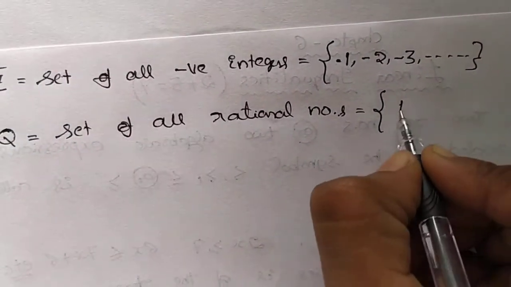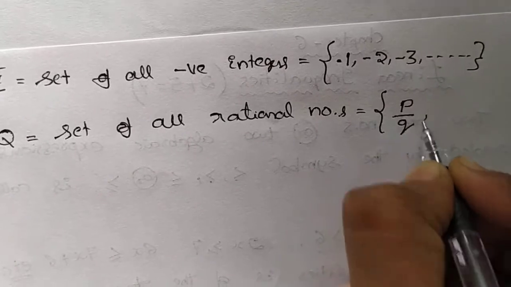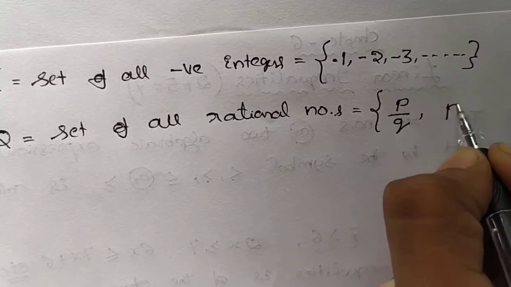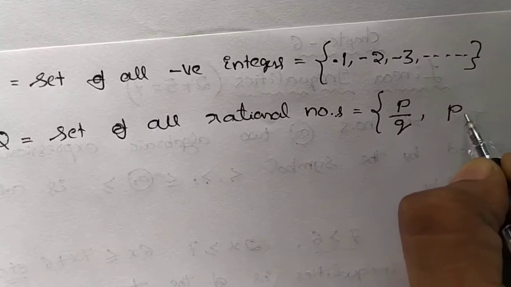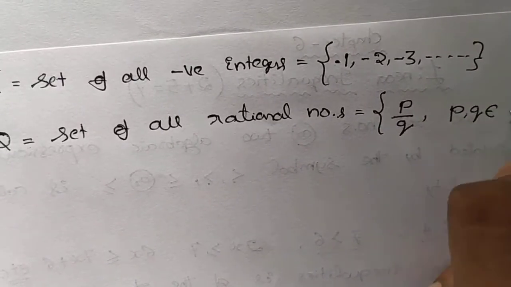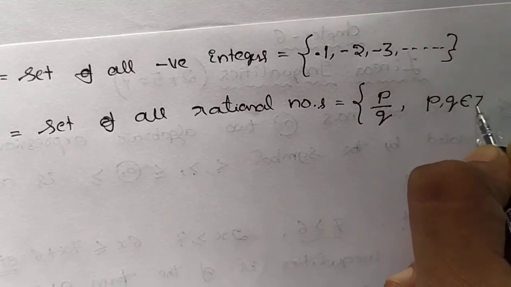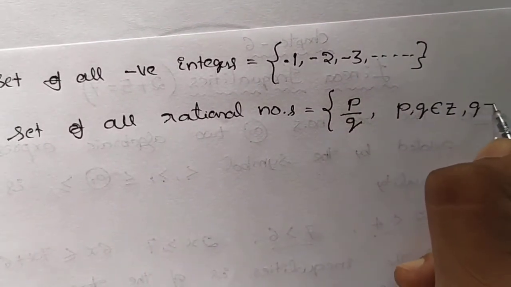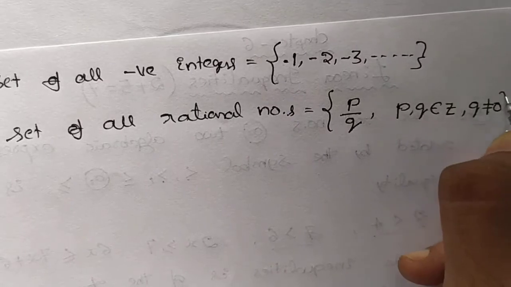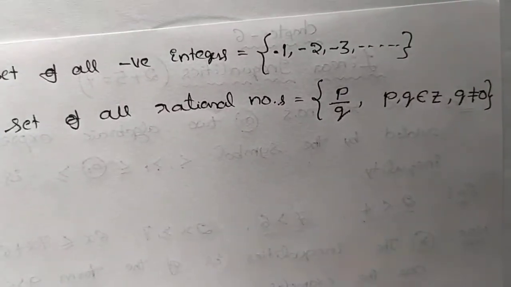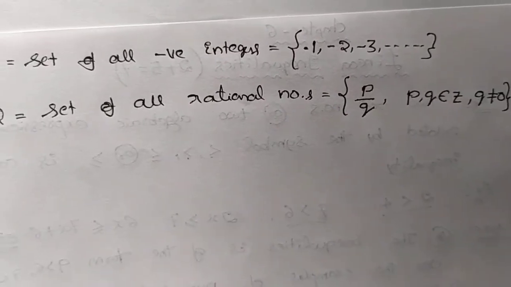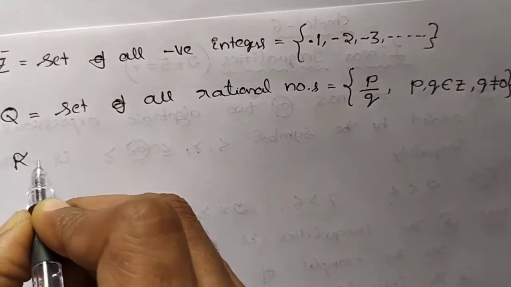A number which is in the form p by q, where p and q are integers, and also q should not be equal to 0. Therefore, this is the definition of a rational number. These things we already learned in our bridge course.